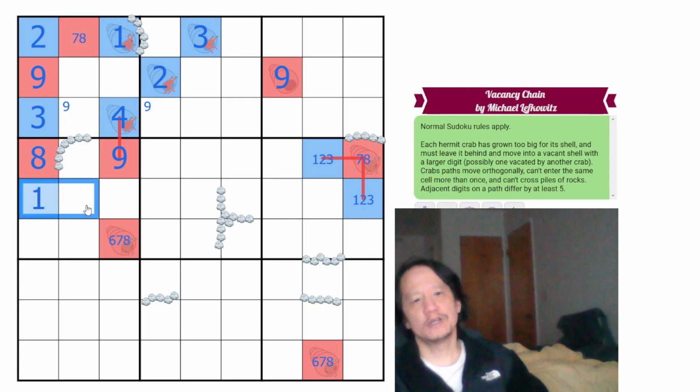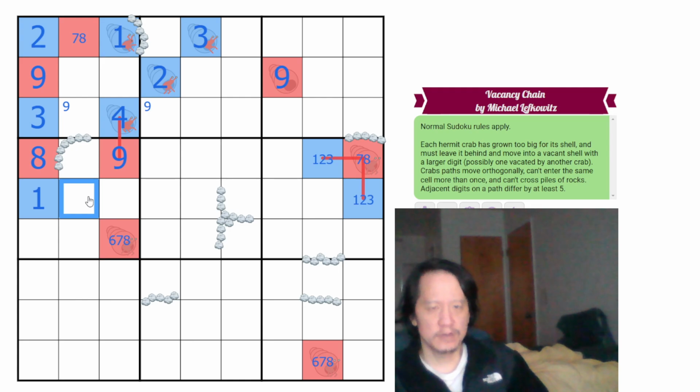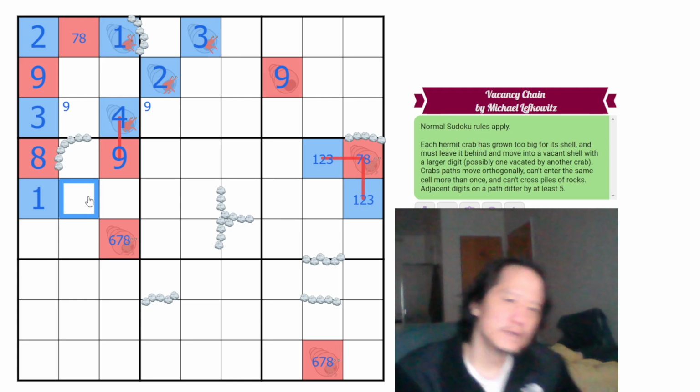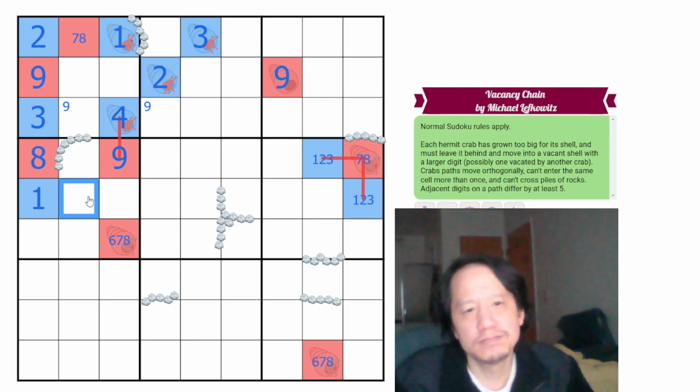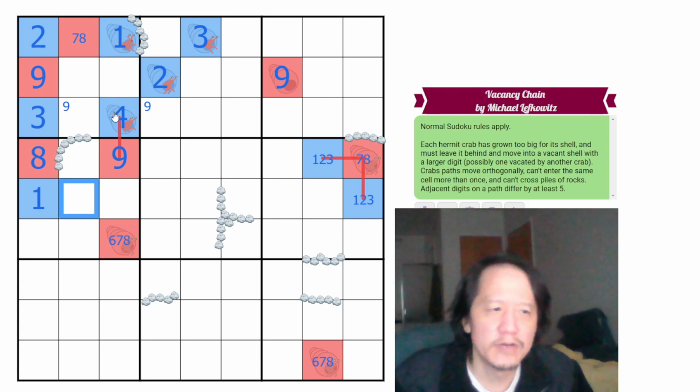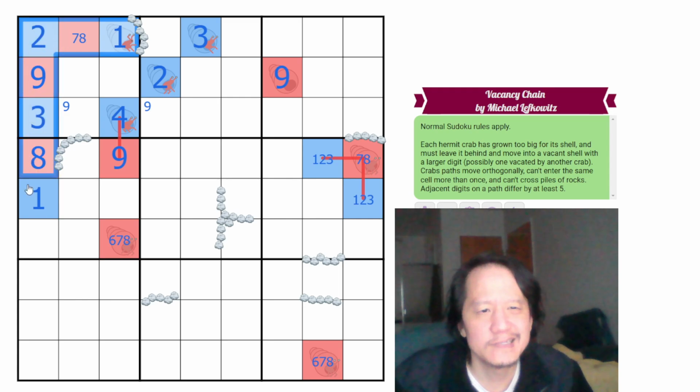So say it went here. This would have to be 7. Oh, it can't. Okay, so it would have to go some weird way here, right? So I guess it could go something like this.